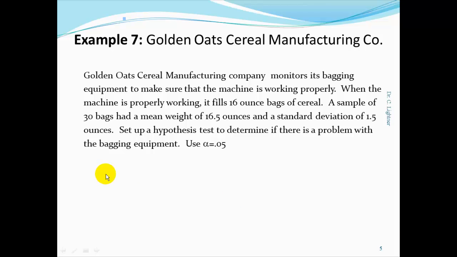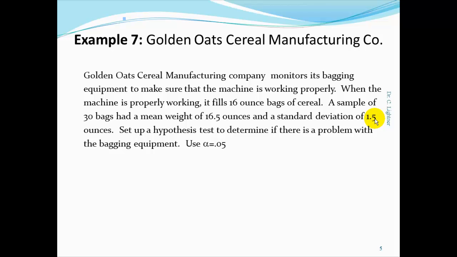First, we should note that this is a large sample case since n, our sample size, is equal to 30. Next, since this problem only states that the standard deviation is 1.5, we should assume that this is the sample standard deviation and sigma is not known.